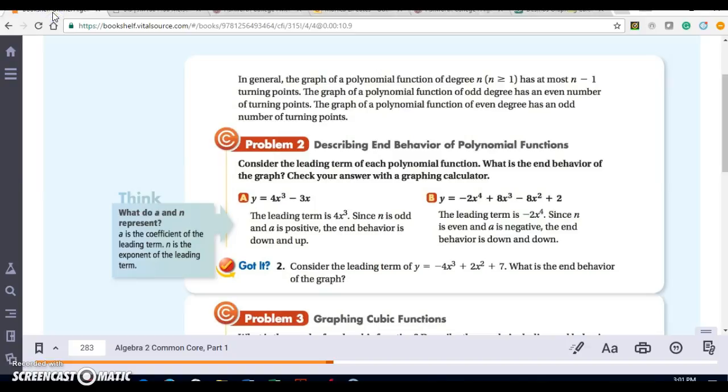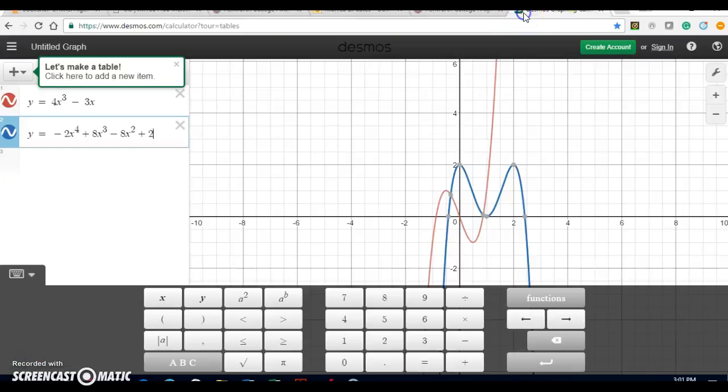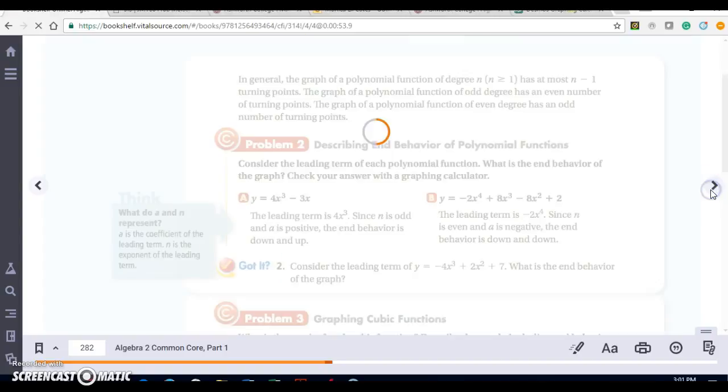So, like I said, we have a negative a and an odd n. So since it's negative, it's going to be up then down. And we can go back to our little chart that they gave us. Negative, odd, up, down. Let's graph it and verify that. Let me look at the equation.